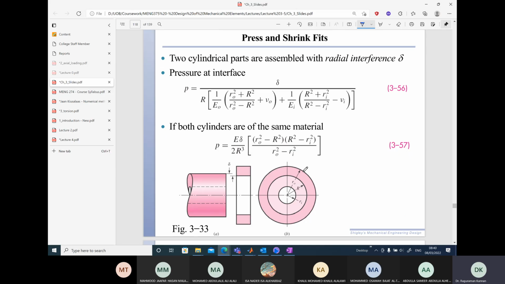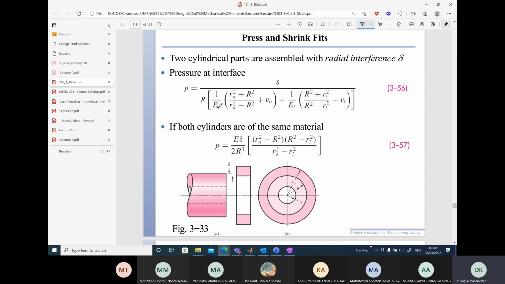Then we have Ro, which will be the outer radius of your bearing. Ri is the innermost radius of the hollow shaft. So if your shaft is hollow, then Ri value will be that value. If it is a solid shaft, Ri will be 0. Okay, so based upon that, this is the formula to be used.